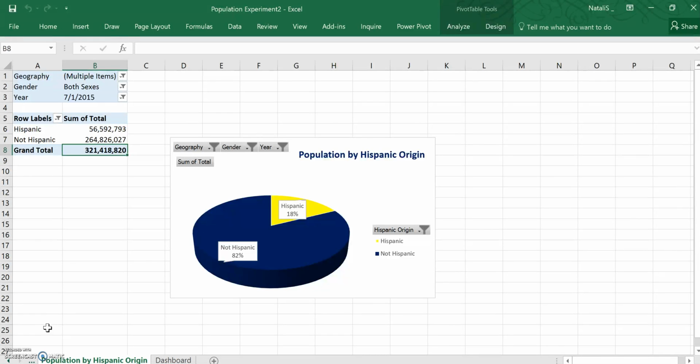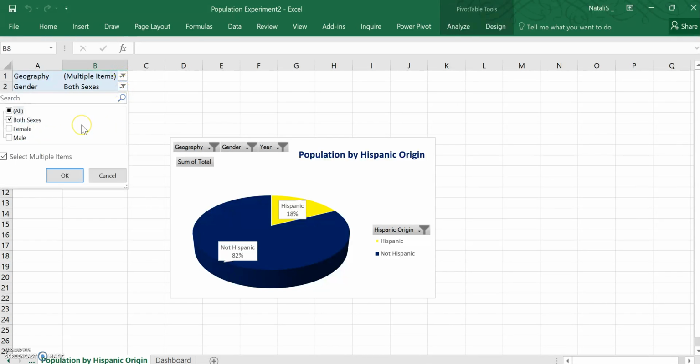Actually, I was mistaken a little. In reality, there are 82% population not claiming Hispanic origin, and 18% claim Hispanic origin, and the wrong data came from the wrong use of filter. Here is how I use it.